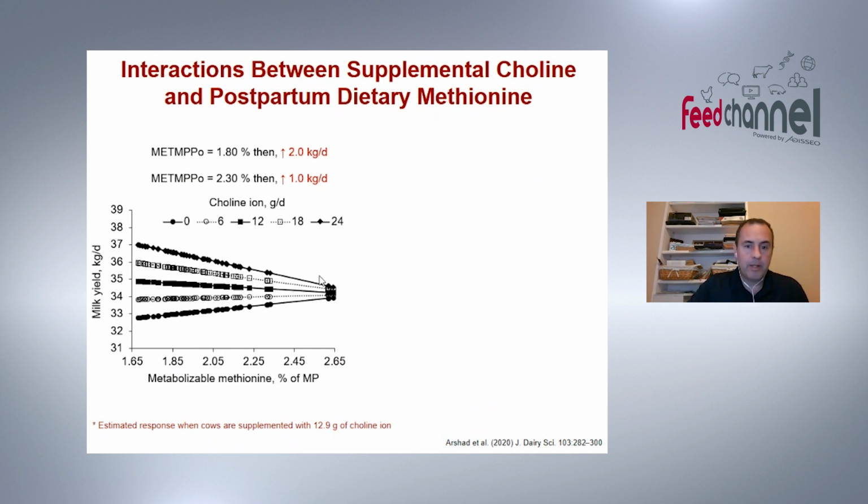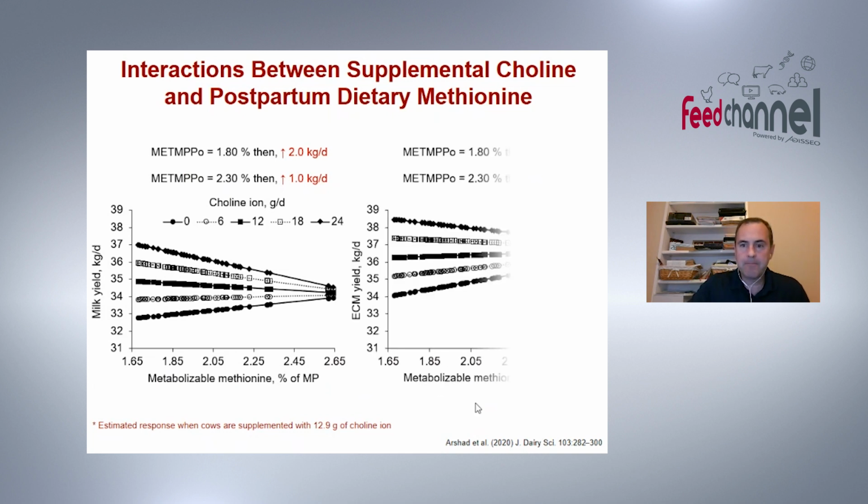But when diets had quite a large amount of the metabolizable protein as metabolizable methionine, the response to choline was still present but became smaller. And the same was true for energy corrected milk.